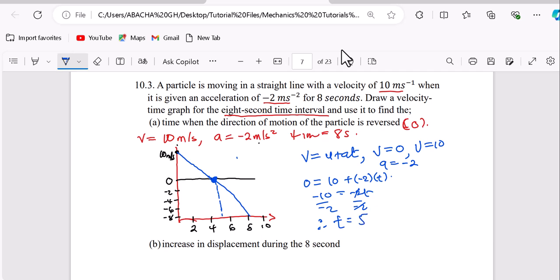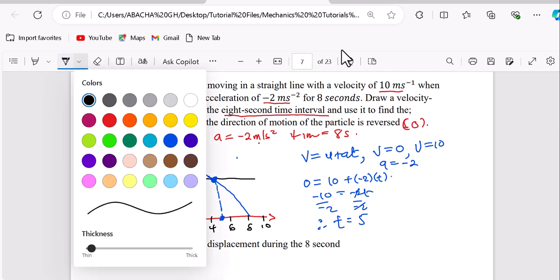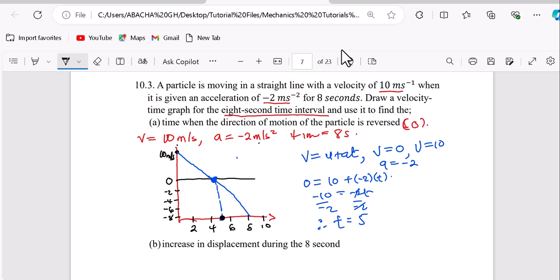So the particle will go in a reverse direction if the time here is 5. That will be at this point here, which is 5 seconds. When the time is 5 seconds, then we go in the reverse direction. And that is the time we are looking for.